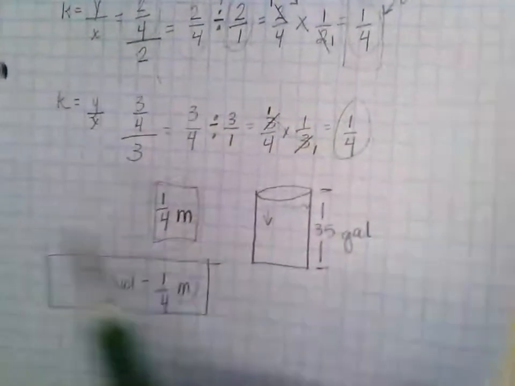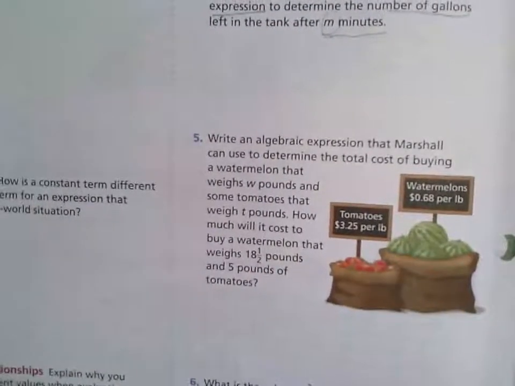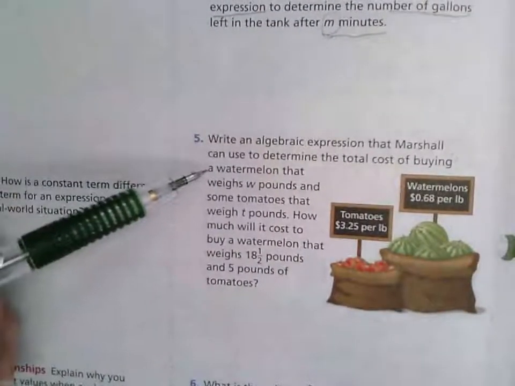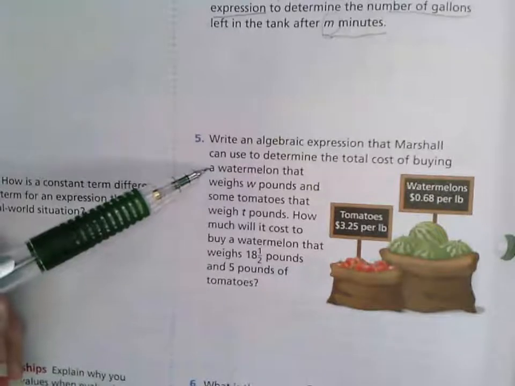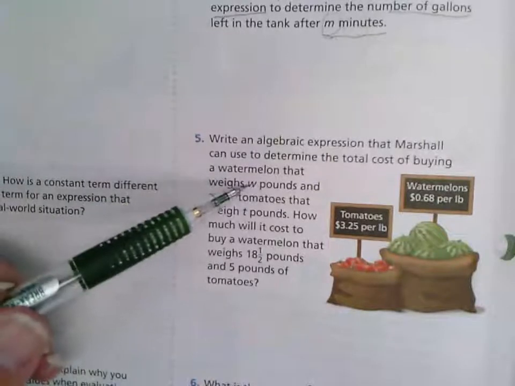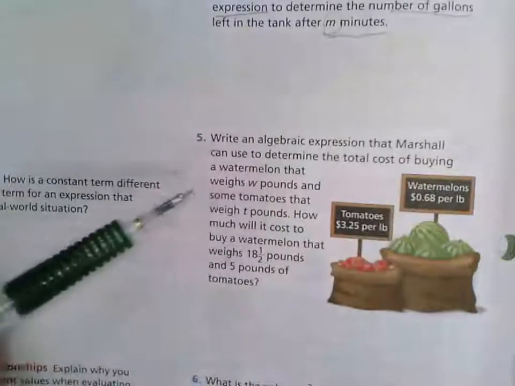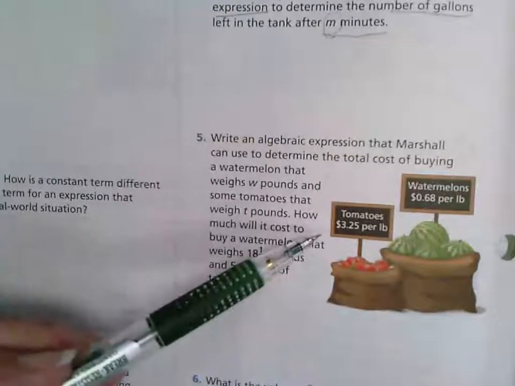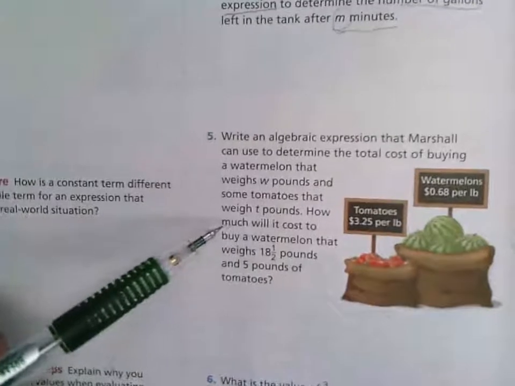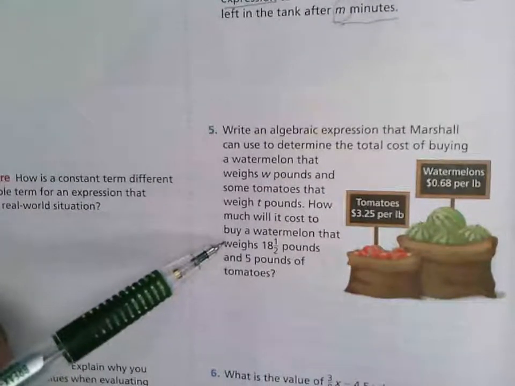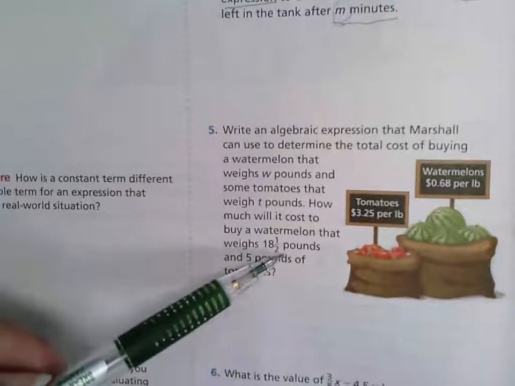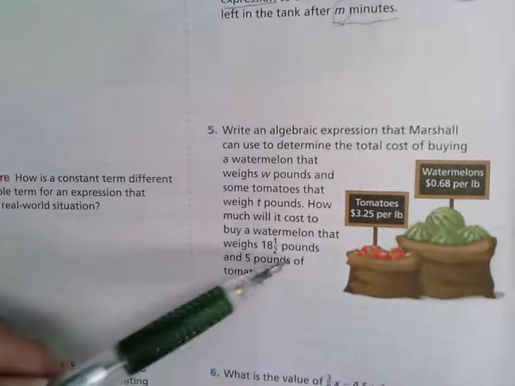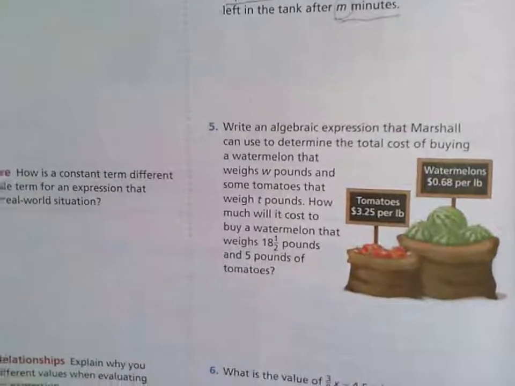Number 5. Write an algebraic expression that Marshall can use to determine the total cost of buying watermelon that weighs W pounds and some tomatoes that weigh T pounds. How much will it cost to buy a watermelon that weighs 18.5 pounds and 5 pounds of tomatoes?